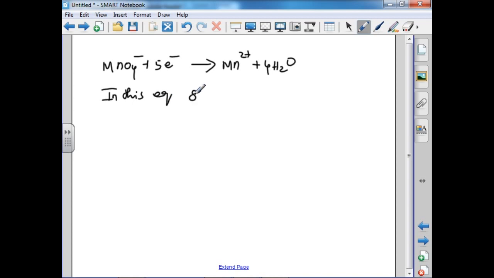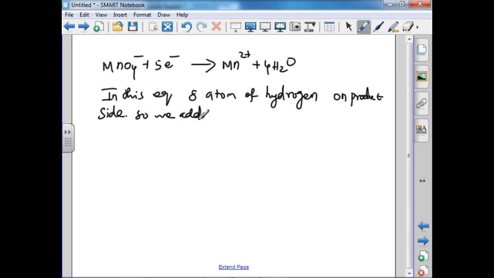In this equation, there are 8 atoms of hydrogen on the product side.